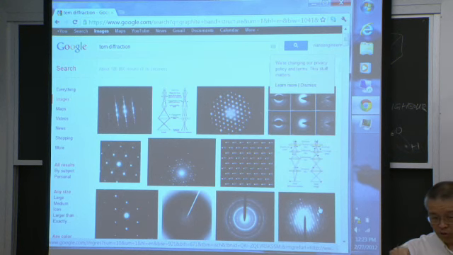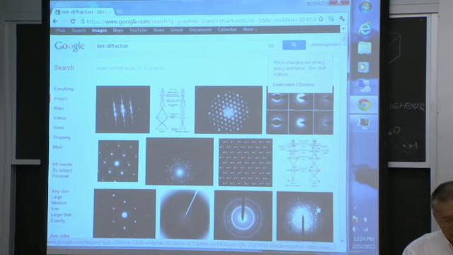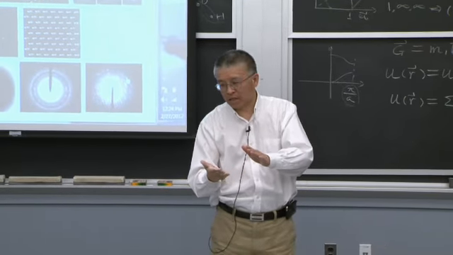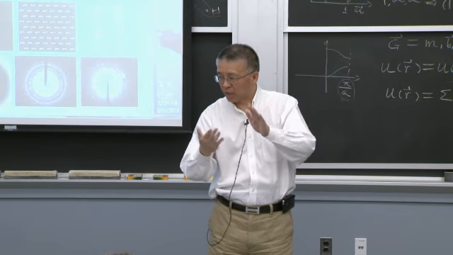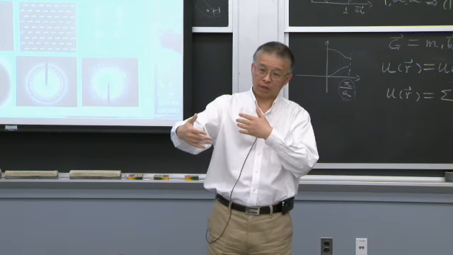Now it goes through a thin specimen, typically 1,000 to 2,000 Angstrom maximum. Even though it's 1,000 Angstrom, remember the lattice constant is a few Angstrom, so you have 1,000 periods, and it's a periodic structure.